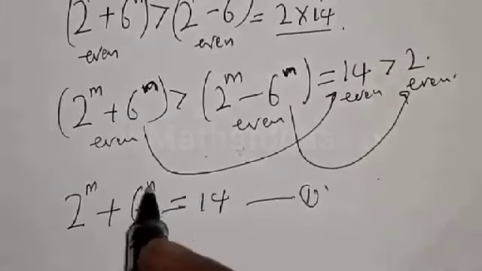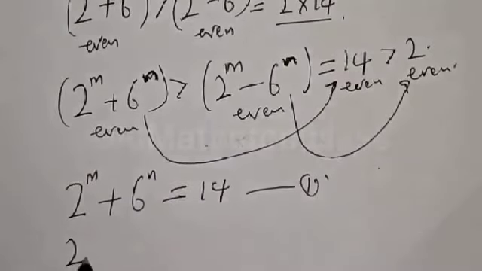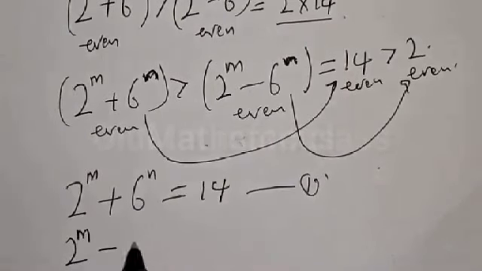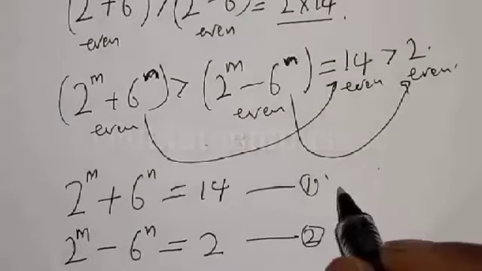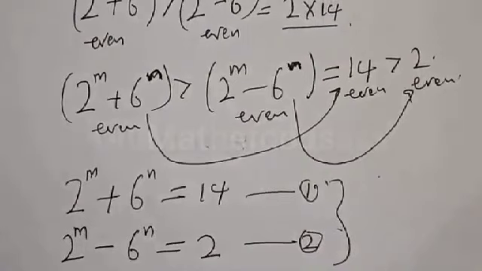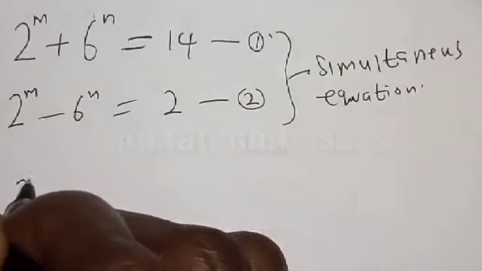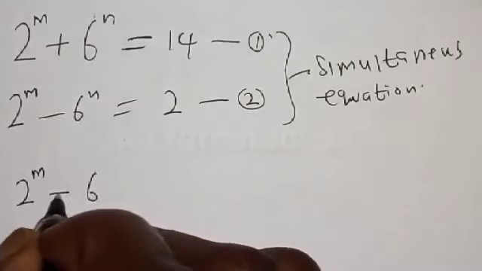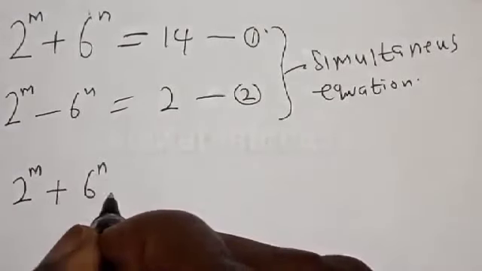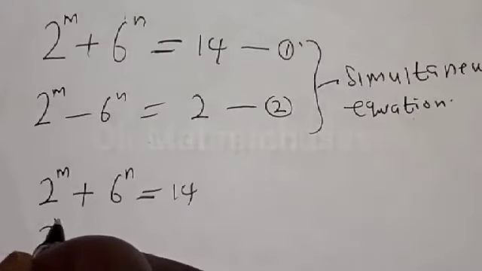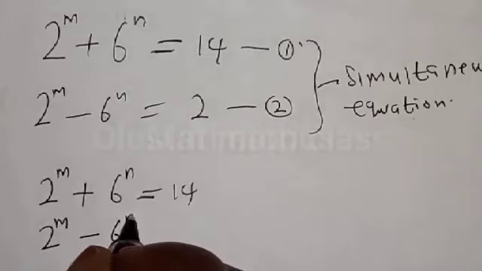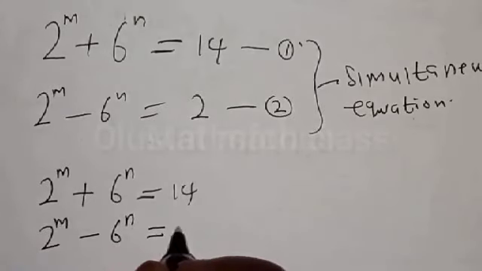And we also have 2 raised to the power m minus 6 raised to the power n is equal to 2. Let's call this equation 2. Now, this is a simultaneous equation. Let's solve using the elimination method. We have 2 raised to the power m plus 6 raised to the power n is equal to 14, and 2 raised to the power m minus 6 raised to the power n is equal to 2.